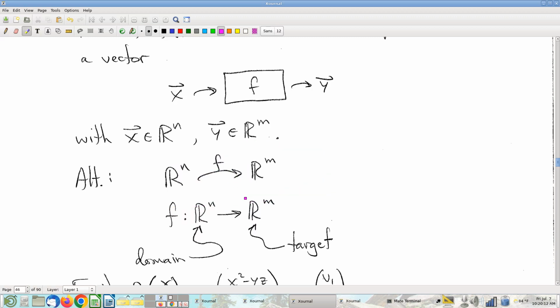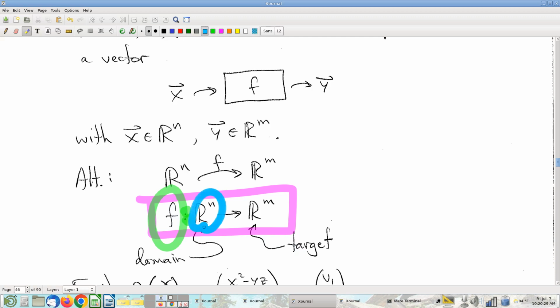A very common notation is this right here. Let me read this off the way it's intended that the reader read it. We've got a function here. The colon says, let me tell you some key information about this function. This says that the domain is Rn. And then the arrow represents how the function takes that over and lands it in the target, which is Rm.